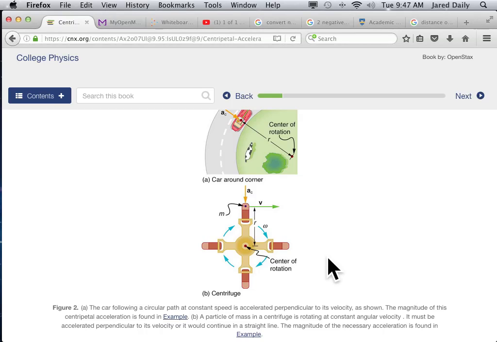And the centripetal acceleration, which is pointing towards the center of the centrifuge, or towards the center of the rotational motion, creates a larger force on the smaller objects, right? Because it's the same acceleration for every object, but the smaller, or less dense objects, feel more of a force from that same acceleration.